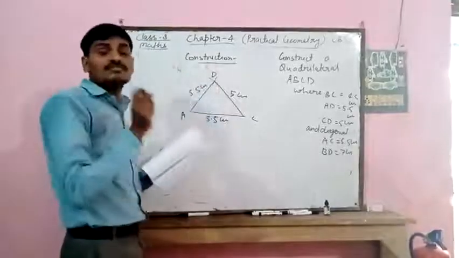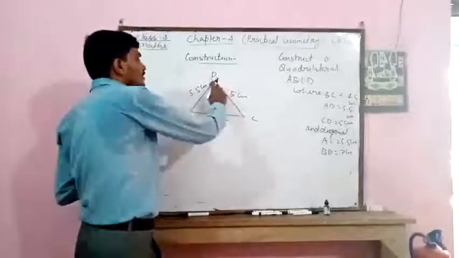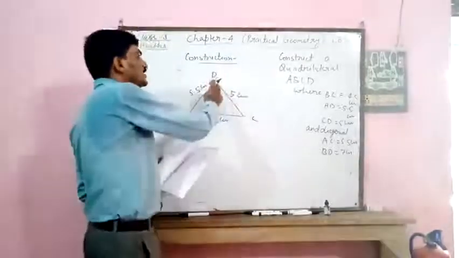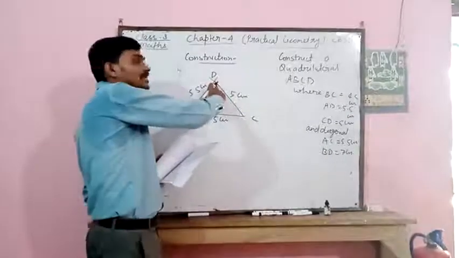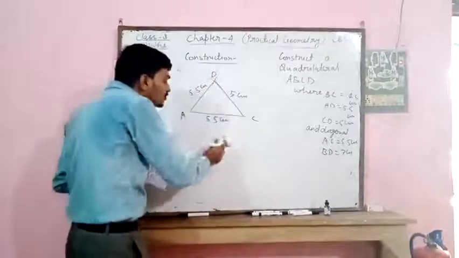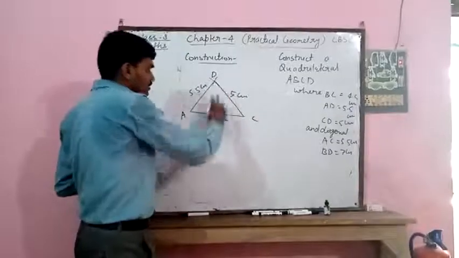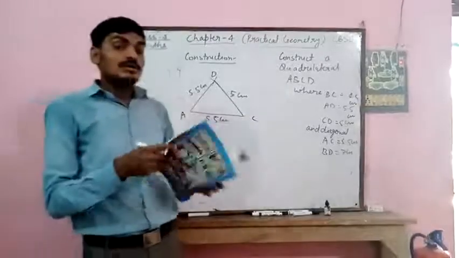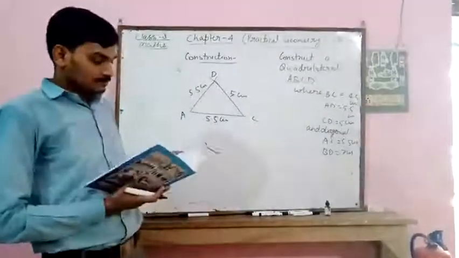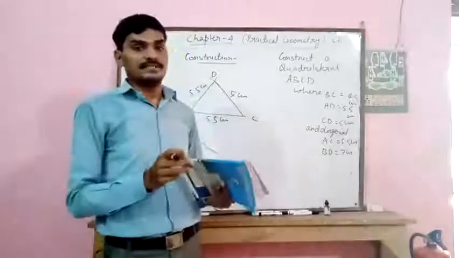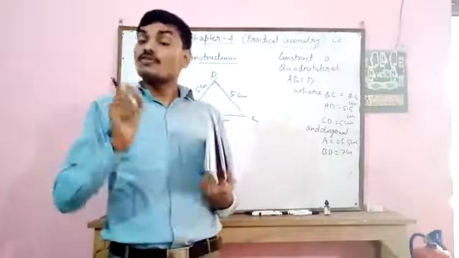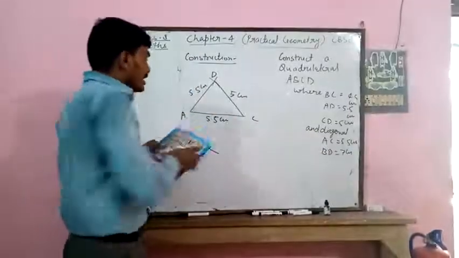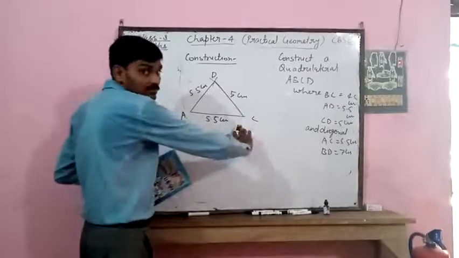Place your compass pointer at D and cut an arc of 7 centimeter. Now measure an arc of 4.5 centimeter from the compass, place your pointer at C and cut the arc.